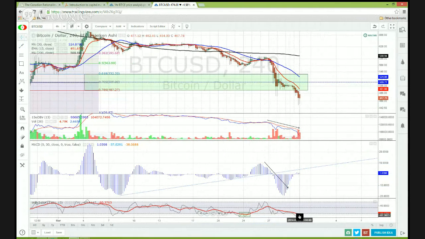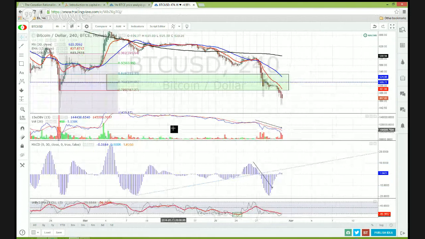Willie gets stupid oversold on a reading below -80. So actually we're just now, here's the indicator value right here, at -80.37. So we can now start to look for bottoming action again based on Willie.